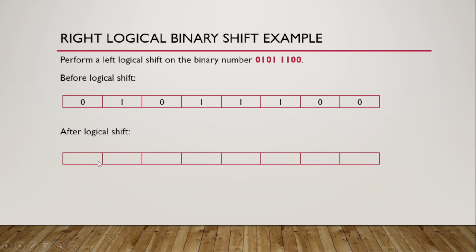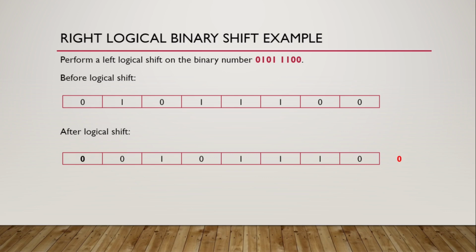So when we move, we have that 0 moved to the right, removed entirely, and each bit moves one bit to the right, creating a space at the very end, which is the most significant bit. And this space can then be filled with a 0.